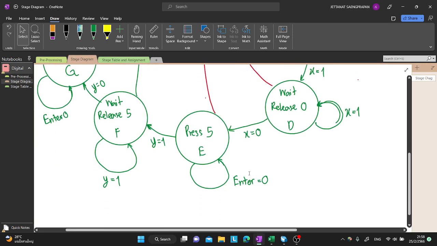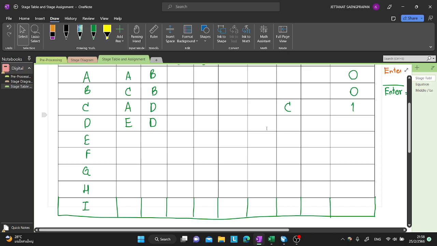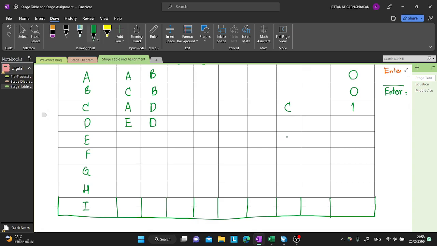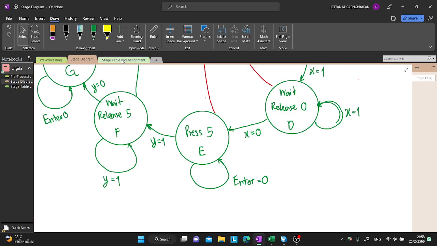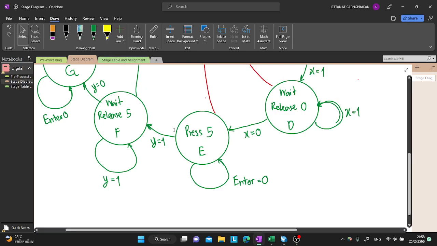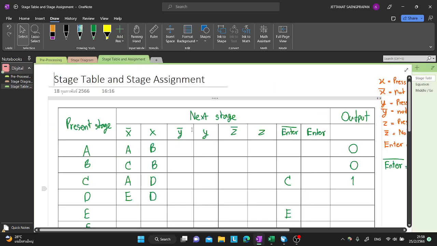Okay, the next one is state E, the enter is 0. That means it stays in this stage. And yeah, if I press 5, which is Y is 1, it goes to the next stage.